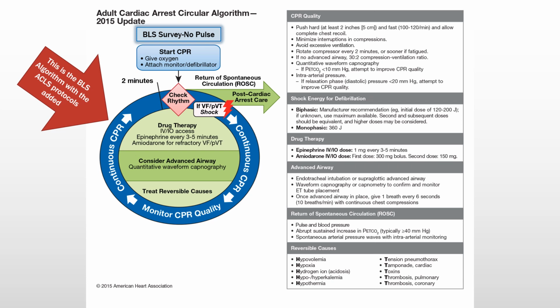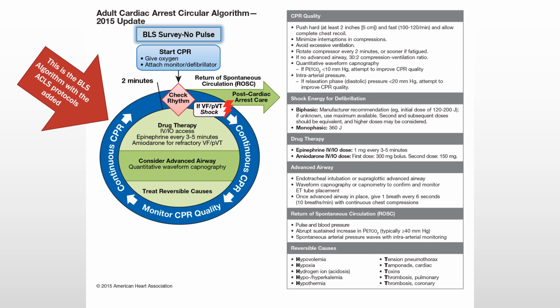So in a basic ACLS cardiac arrest, we're just going to go around and around. If it's shockable, VFib, pulseless VTach, we will shock. We're going to continue CPR. We're going to give our dose of epinephrine. If we've identified that it's a shockable rhythm, we would give amiodarone, and then we may just stick with epinephrine over and over.